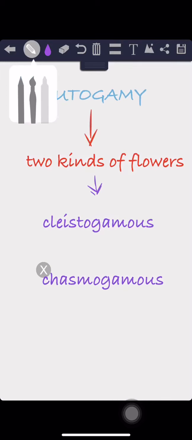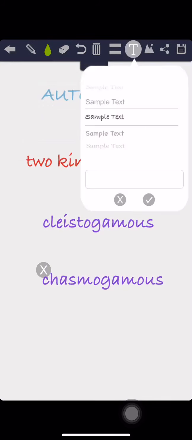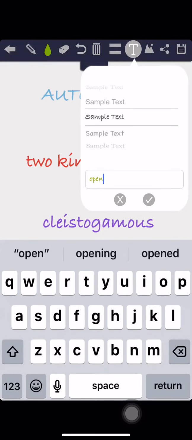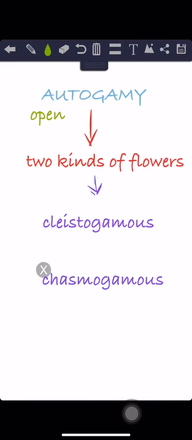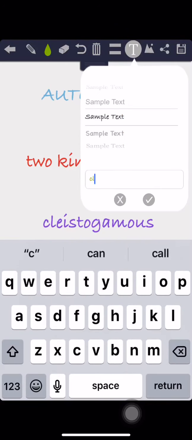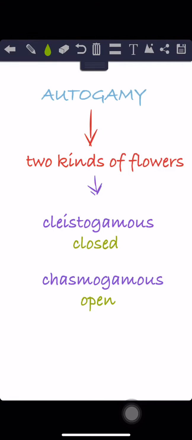So what are cleistogamous and chasmogamous flowers? Cleistogamous flowers are always closed, remember children, whereas chasmogamous flowers are always open.